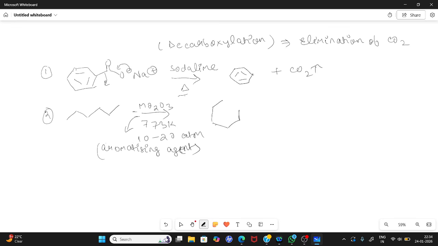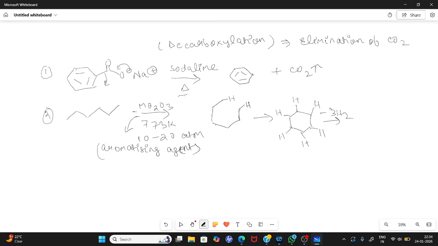So basically these carbons come closer to each other in the hexane part and first they undergo cyclization. First it forms a cyclohexane, then further there is removal of hydrogen from each of these three units.